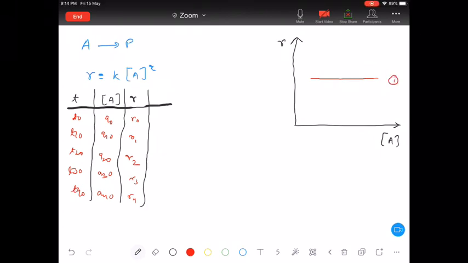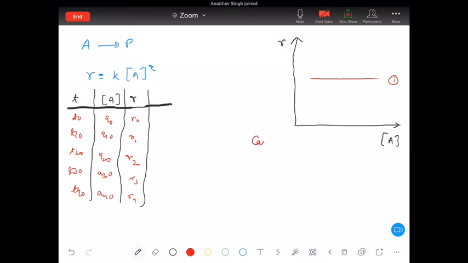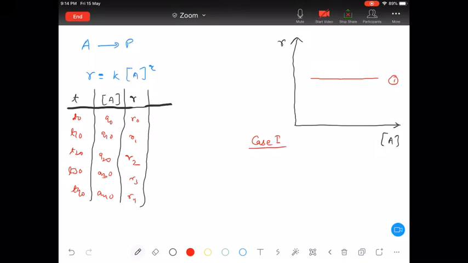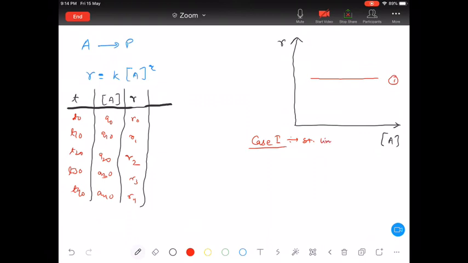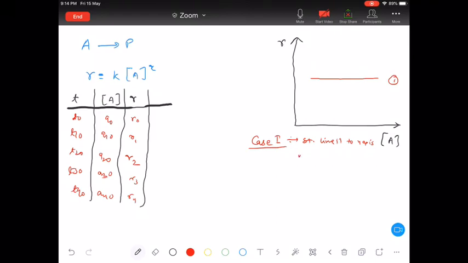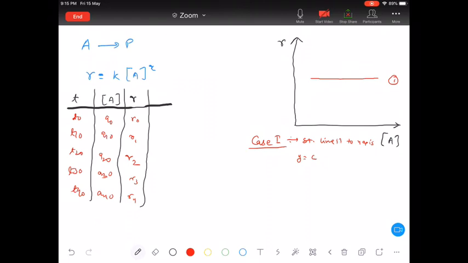Now in this case, on the y-axis we have written R, on the x-axis we have written A. Let's say I take this as case 1. It is coming out to be a straight line parallel to the x-axis, correct? So we know the equation of a straight line parallel to the x-axis: y equals some constant c, because the slope of the line comes out to be 0.